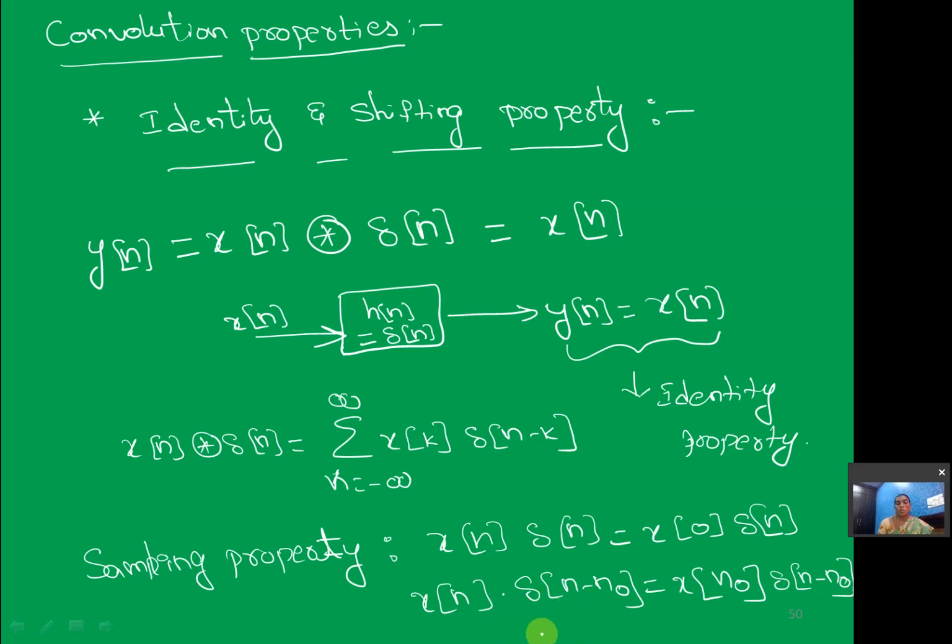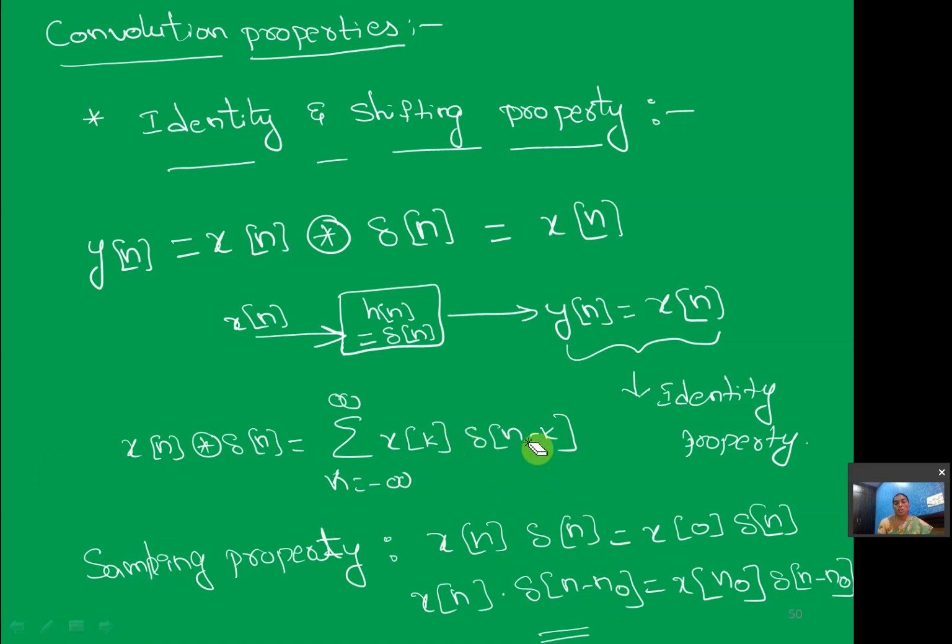Based on this property, here x of k is multiplied by del of n minus k. Tell me from this property, what is that?